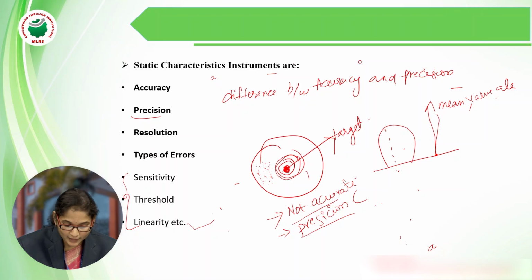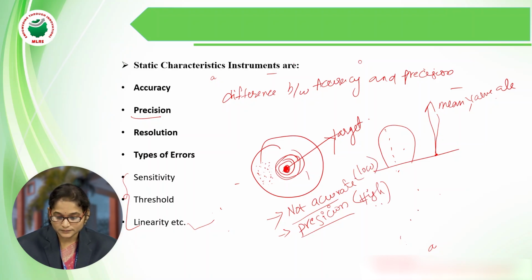So precision is high and accuracy is low.